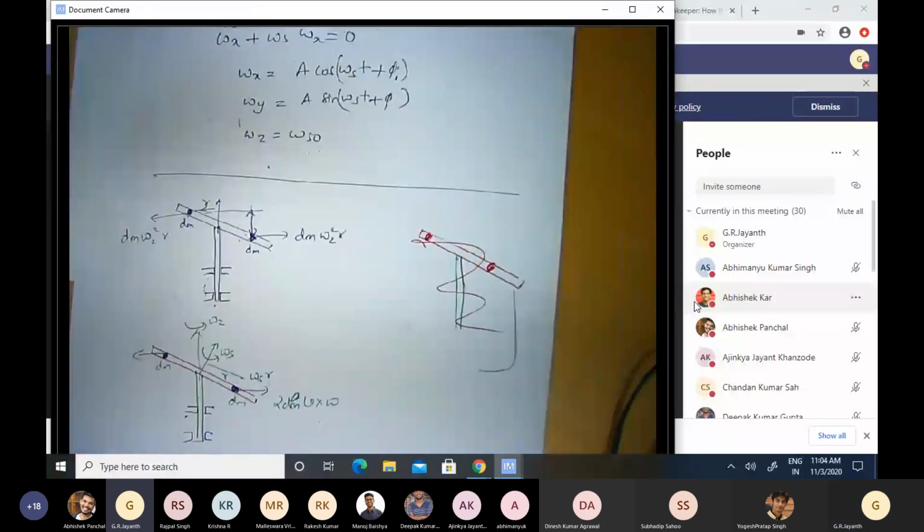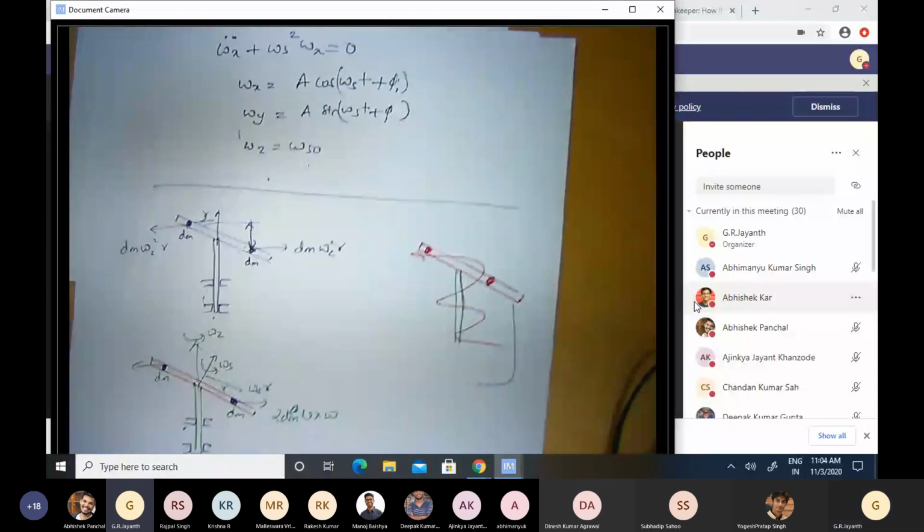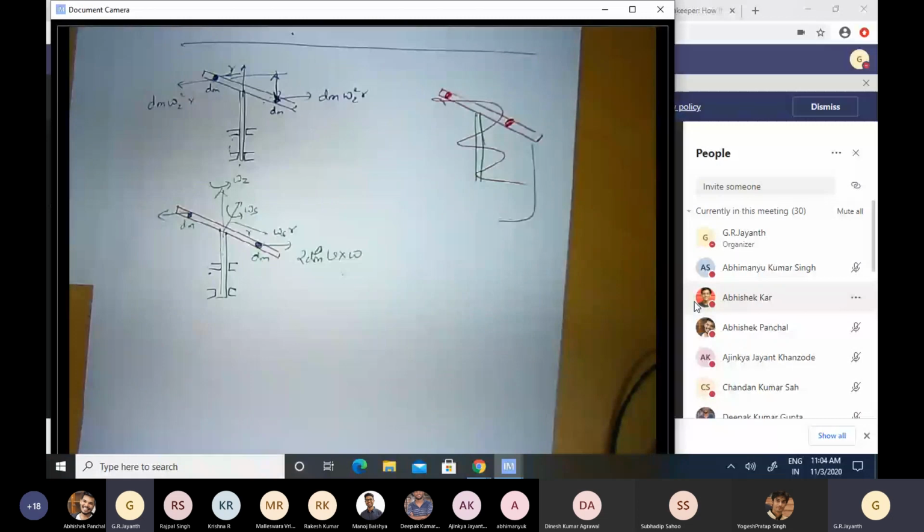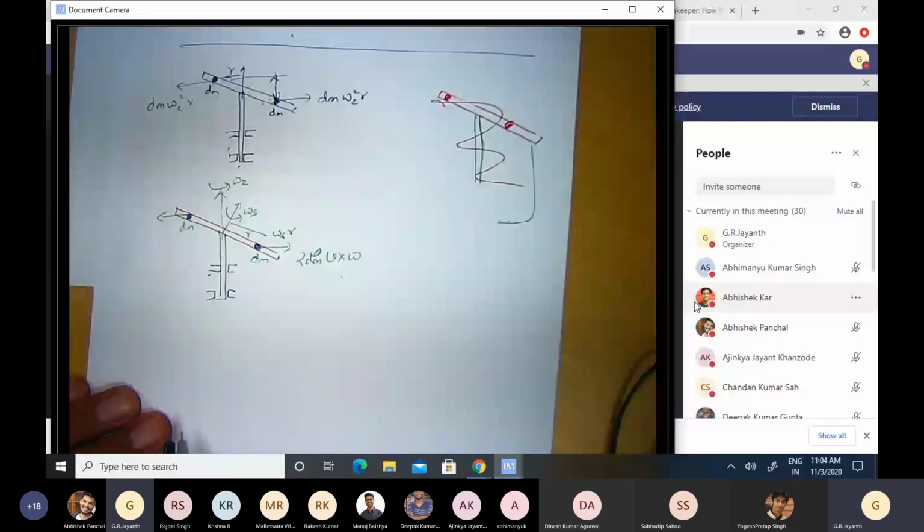Let us consider, actually, even before we talk about the gyroscope, one important application of these kinds of wheels. So we wrote down the angular momentum for the general case at some angle theta. Now what happens when angle theta is 0?